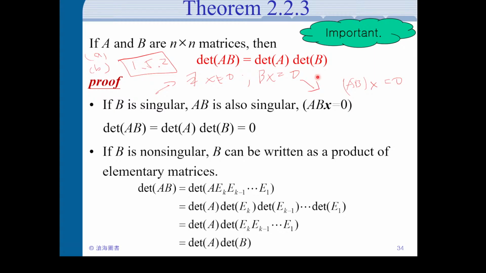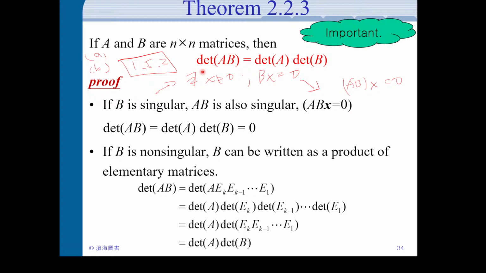Okay. And now from this condition, we also see that there exists x such that ABx equals 0, because of the associative rule of matrix multiplication. Because Bx already equals 0, then multiply A on both sides, then you see that ABx equals 0 for some non-zero x.